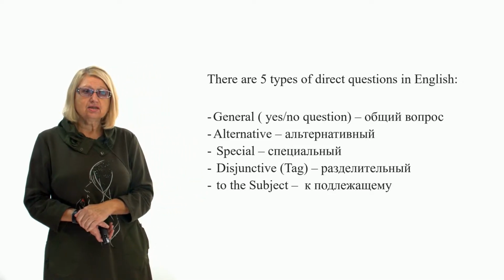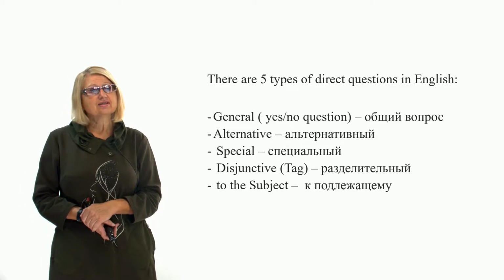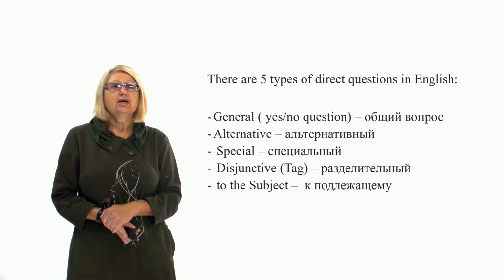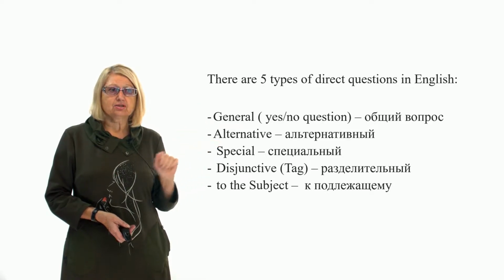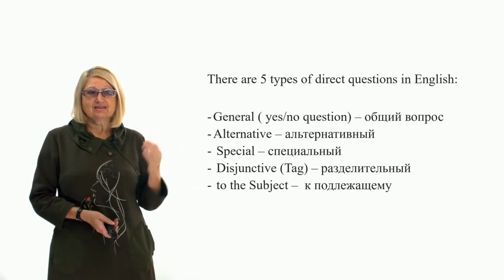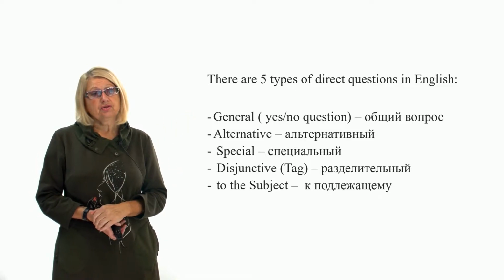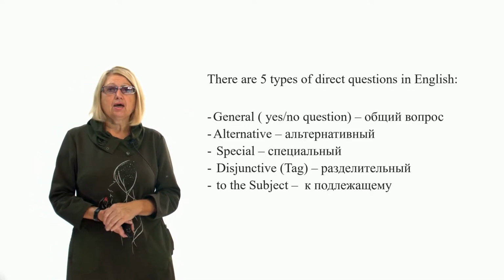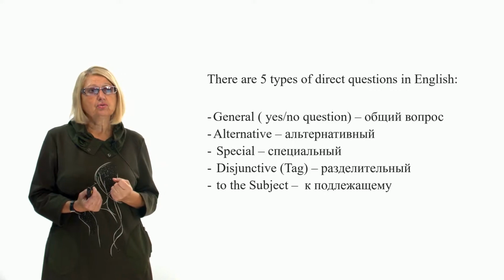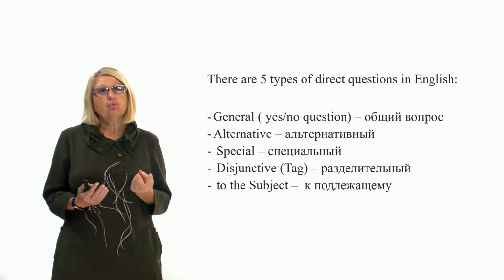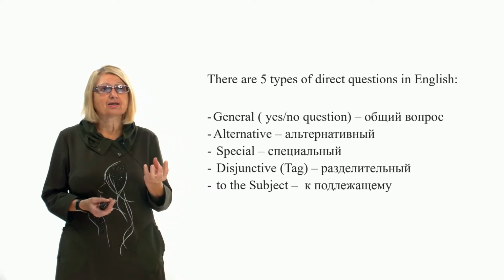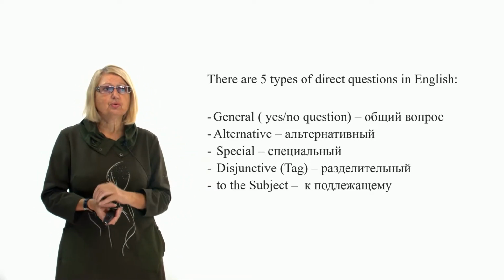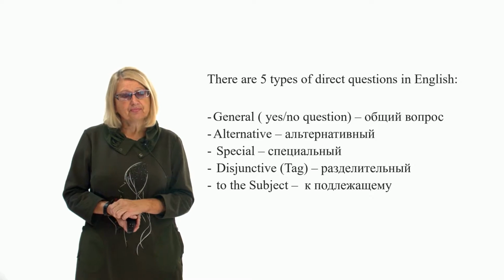The next type of question is alternative. I put it second because it starts as the general question with an auxiliary verb, and only then you choose what choice to suggest. Alternative question means выбор.